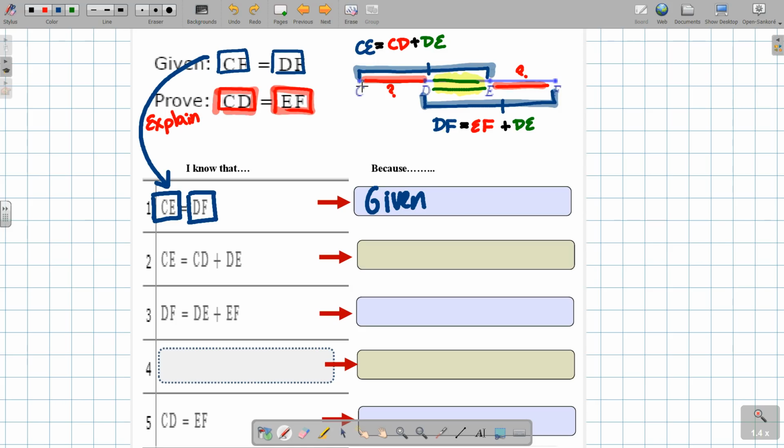We know that the segment CE is made up of the segment CD, which is the red, plus DE. We know that. What do we call that? Little segments add up to bigger segments. That's called segment addition.